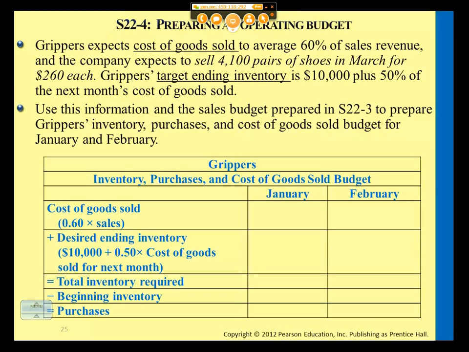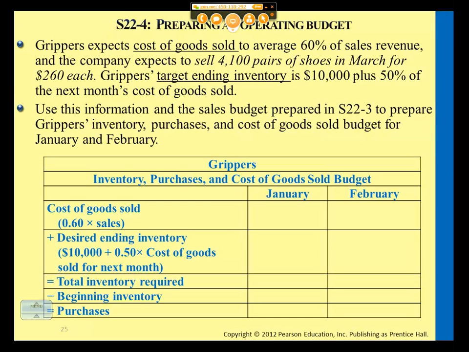Numbers? 60% of sales. You have to add the target ending inventory to get it. You have to add the 10,000 plus 50% to the cost of goods sold to get the answer. Because 4,100 times 260 times 60% of that is 639,600. I don't know, but it's not the right number.